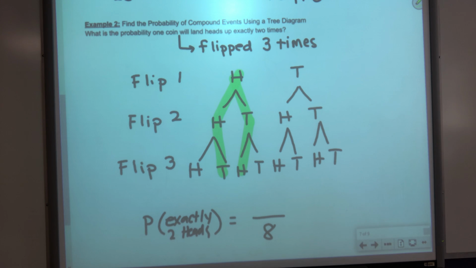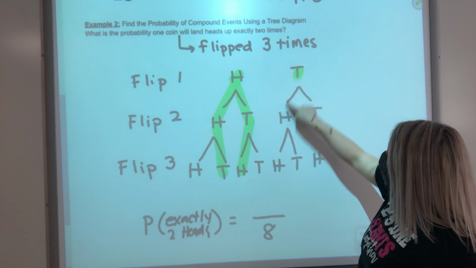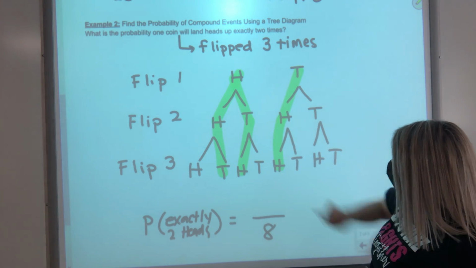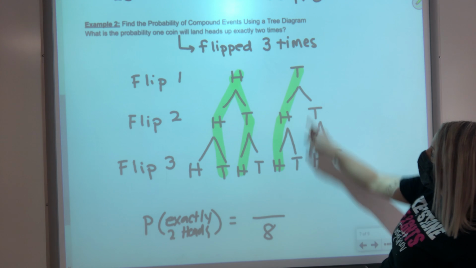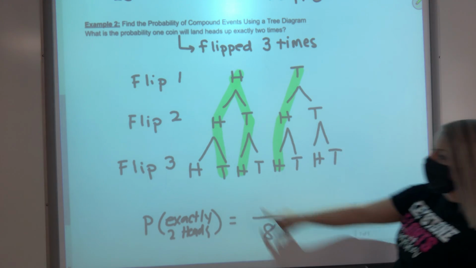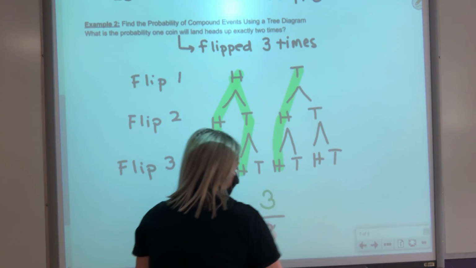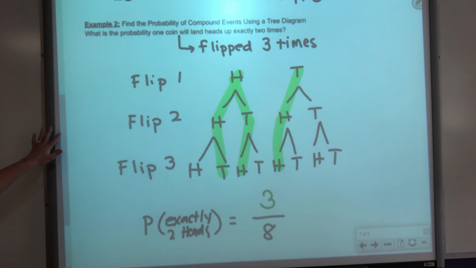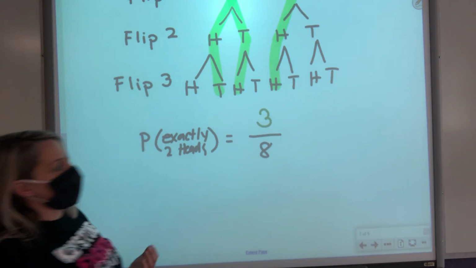No. Doesn't work. All right. Tails, heads, heads. Yes. Tails, heads, tails. No. Tails, tails, heads. No. Tails, tails, tails. No. So how many do we have? 3. 3 out of 8. Okay. So the probability that we get exactly 2 heads is 3 out of 8, which is 37.5%.